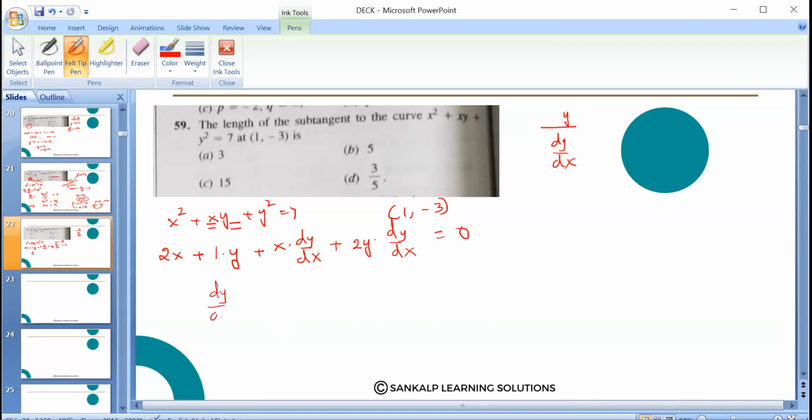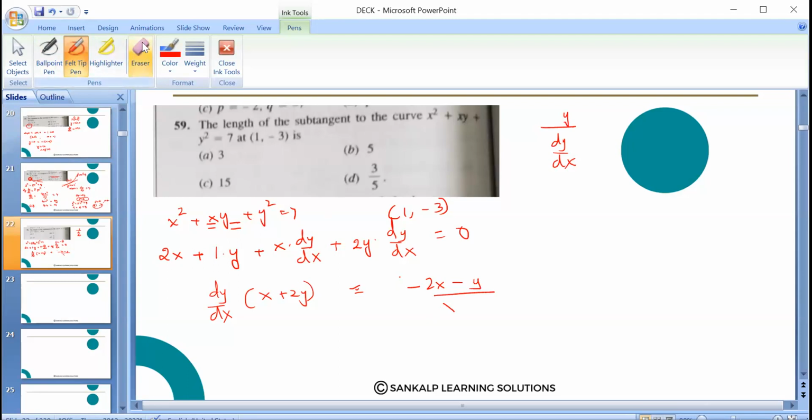You can take dy by dx common, x plus 2y, and take the other terms. The other two terms will become minus 2x minus y, divided by x plus 2y.